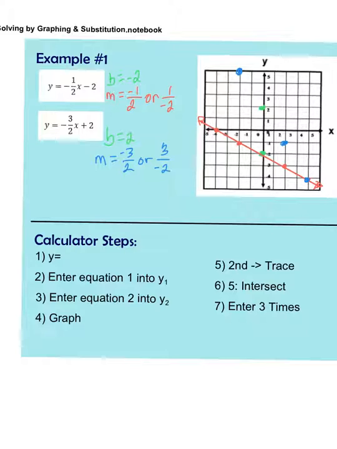And then I'm going to connect with a straight edge, and put arrows on my lines. Okay, so now our solution is right here, and all you need to do is name that ordered pair.